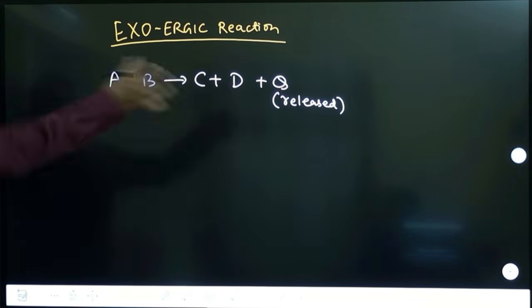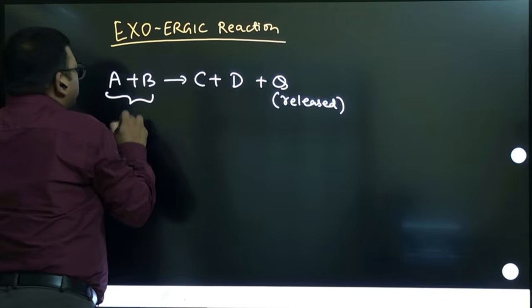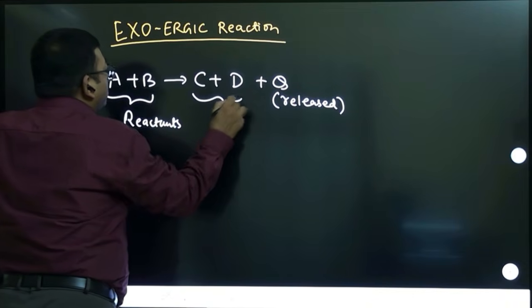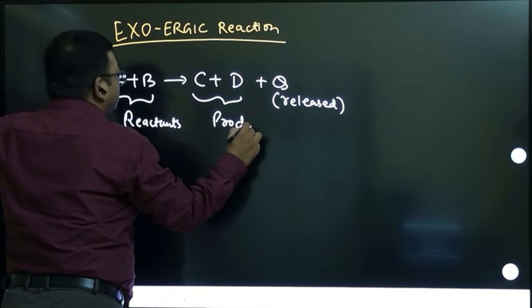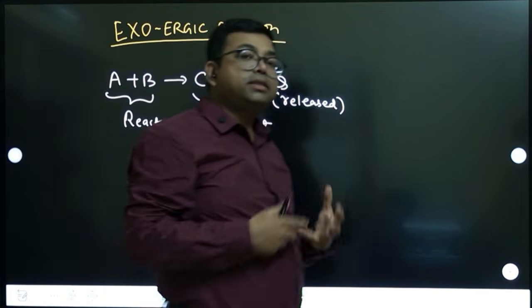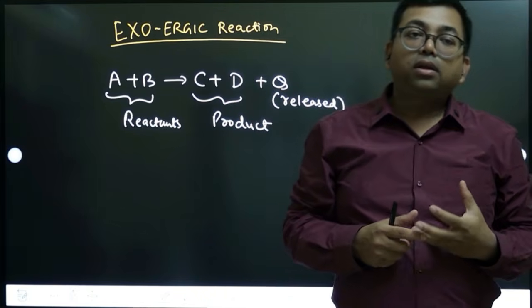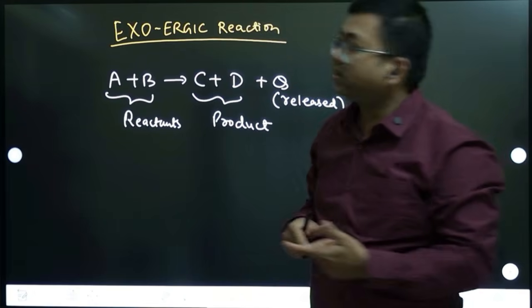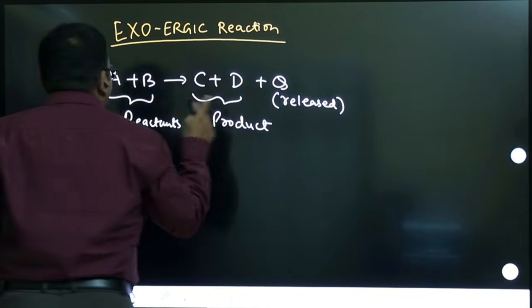And note that these are called reactants, and these are the products. Heat is released means some mass is getting destroyed. Definitely, we are considering some destruction of mass because mass is converted into energy. So this side mass must be larger than this side.